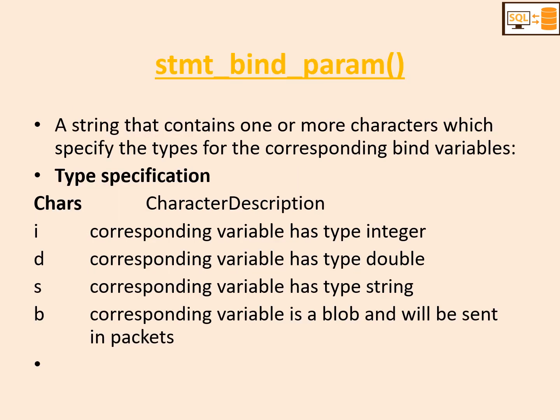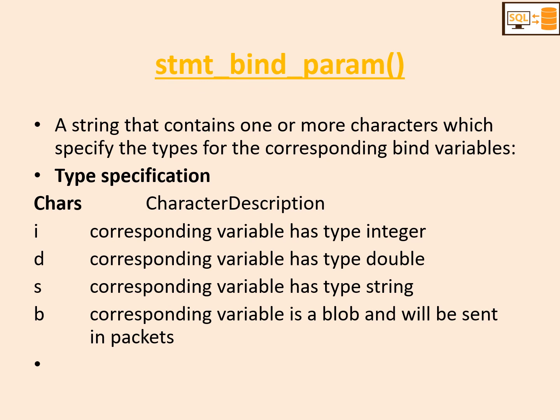Now we can see the particular method statement_bind_param. It takes a string that contains one or more characters which specify the types for the corresponding bind variables. Here we have some type specifications. I means the corresponding variable has type integer. D means the corresponding variable has type double.